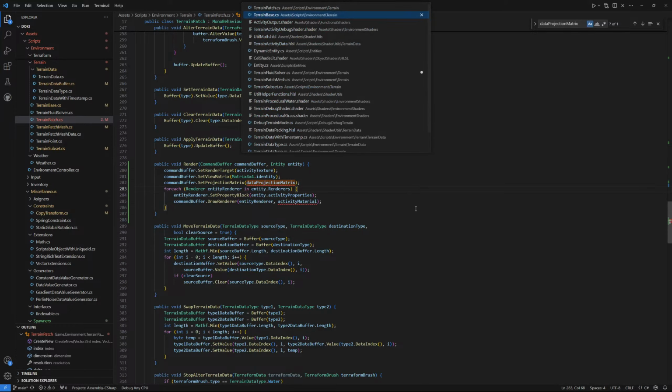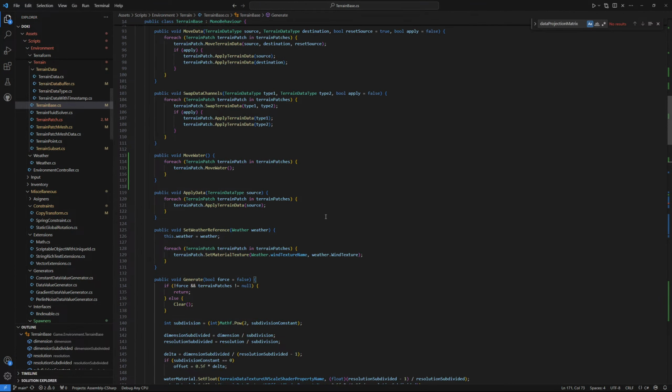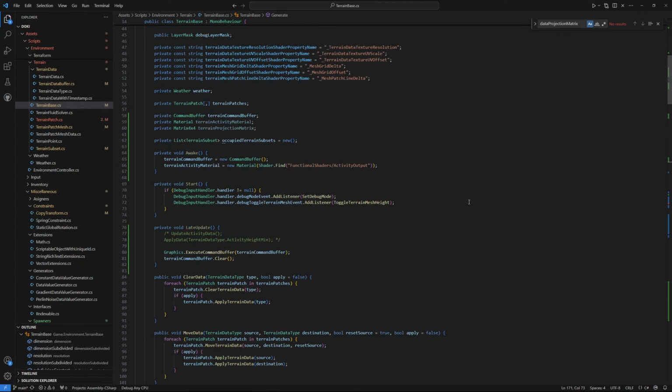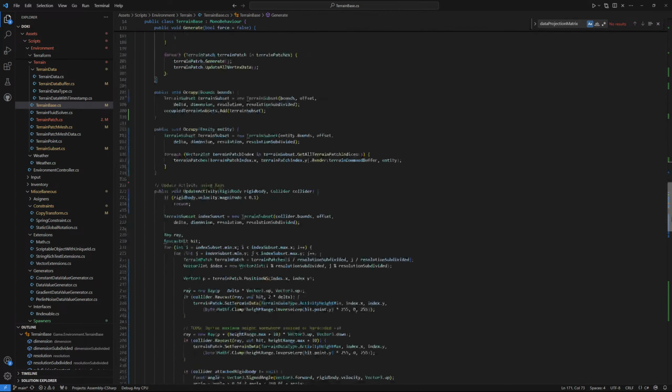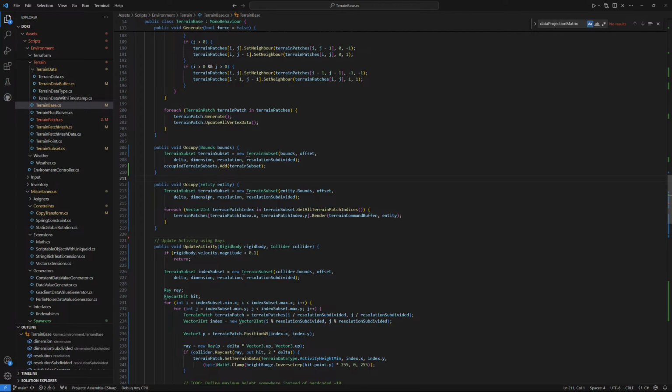And also, so in the end, let's see here, terrain base. We have a method here called occupy entity. So what do we do here? Terrain subset, and then we call render here. I want to wait with this one.